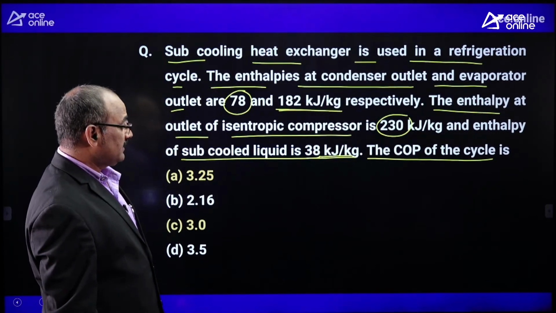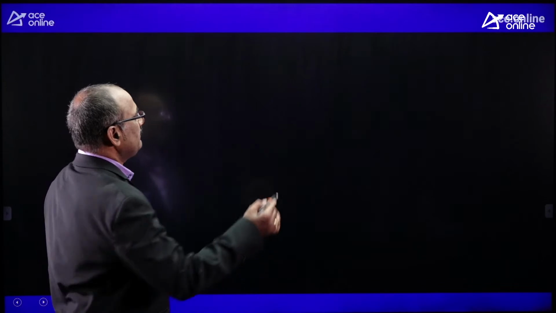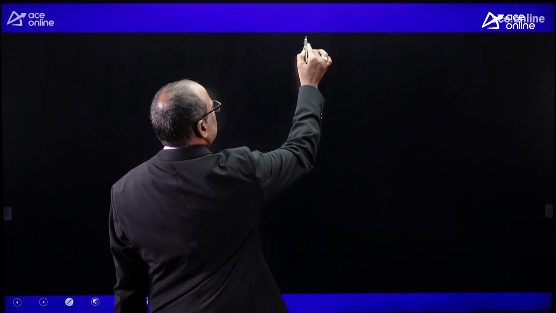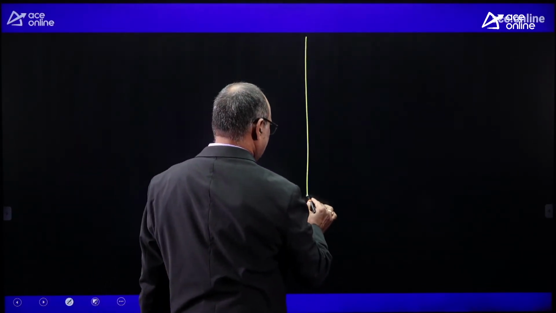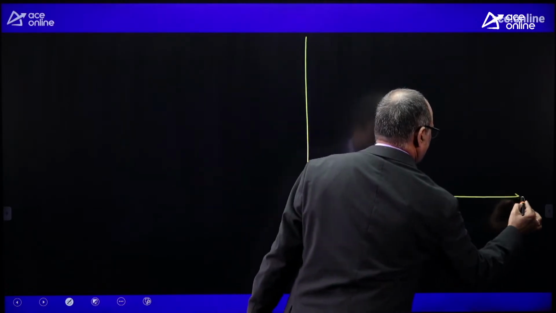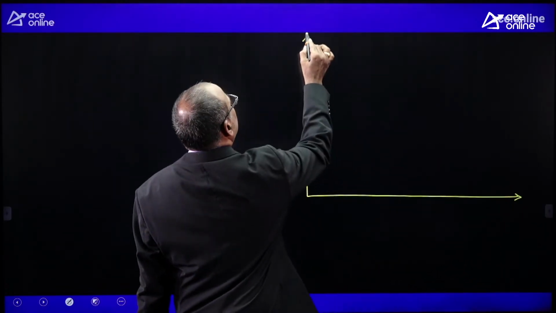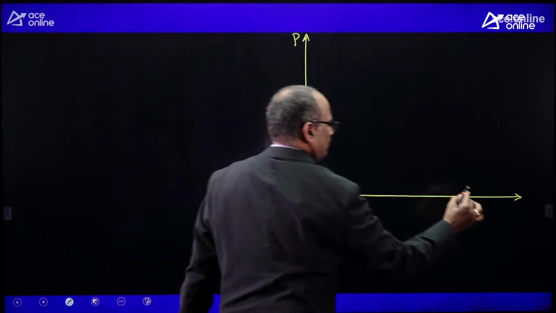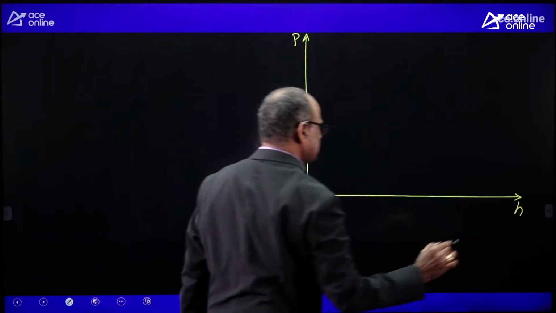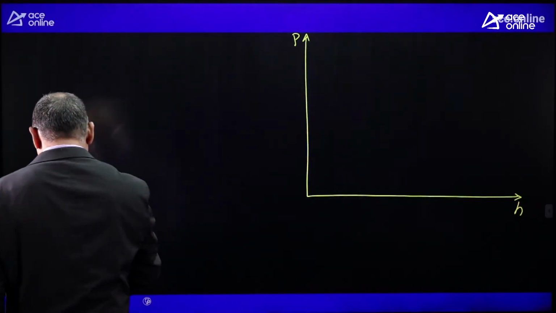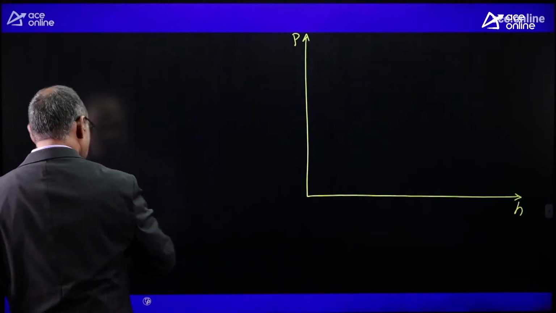Okay. For this, it is better to project the pH diagram, pressure versus enthalpy diagram, for your better understanding. Your understanding is very, very important. pH coordinate system. Let me mark the saturation dome.